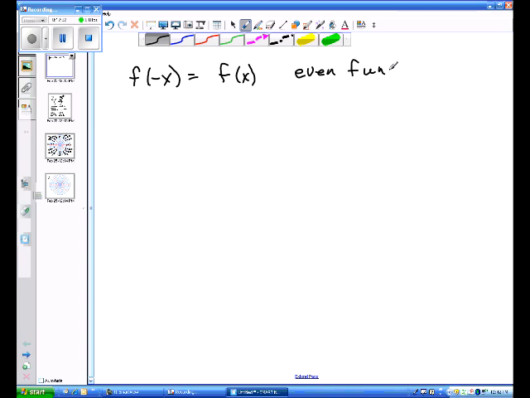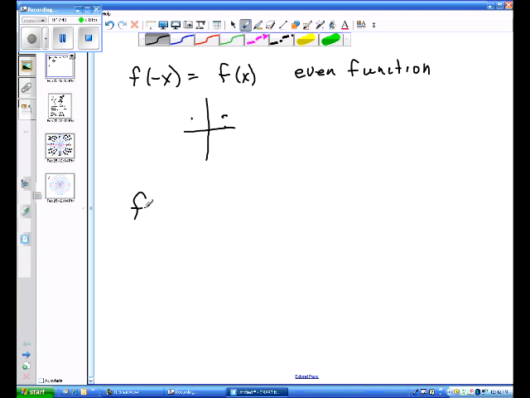And we noted that it's symmetrical across the y-axis. So for positive x, if you get this value, for negative x, you get that same value. It's an even function.